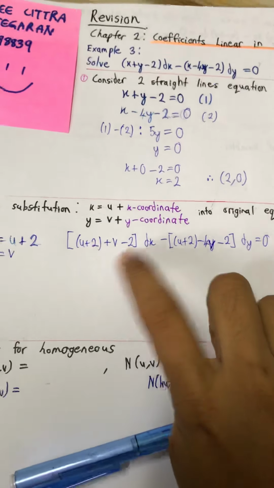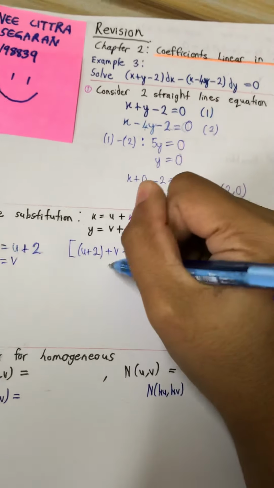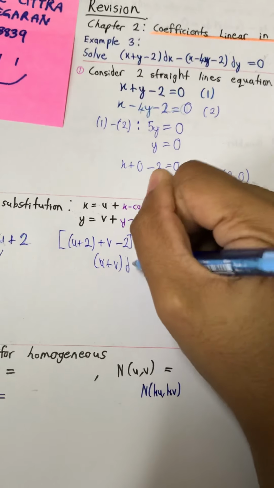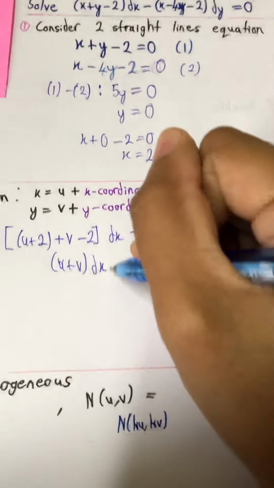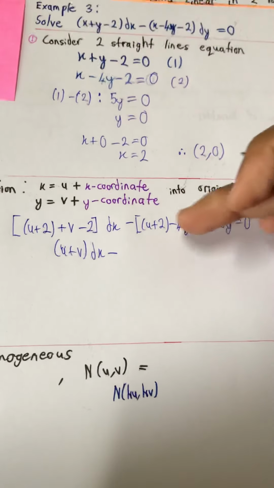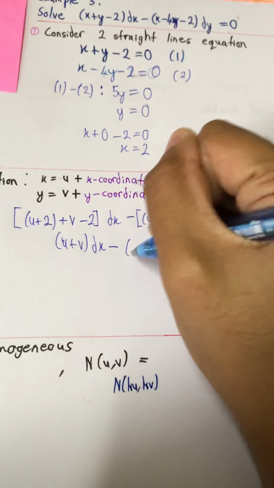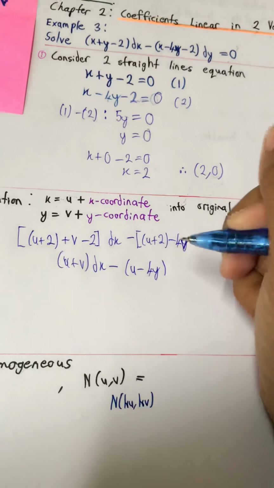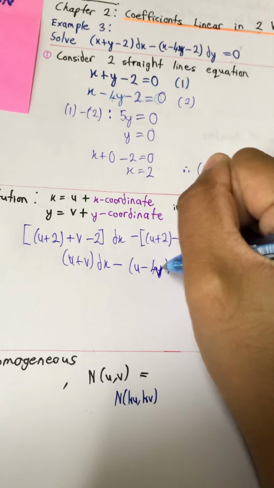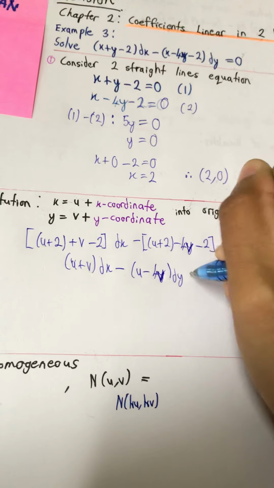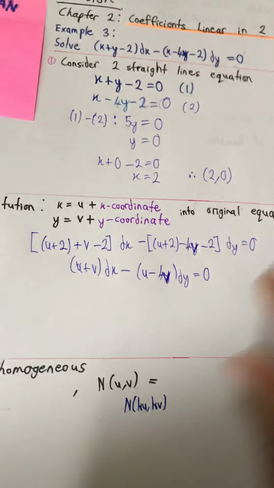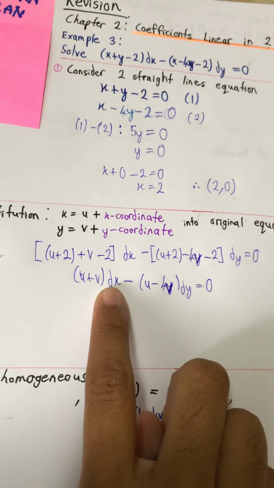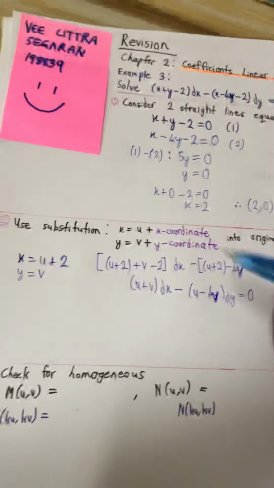So this 2 minus 2 becomes (u + v) dx, and then minus 2 minus 2 becomes 0, so we get (u - 4v) dy = 0. So here we will get the equation after the substitution.